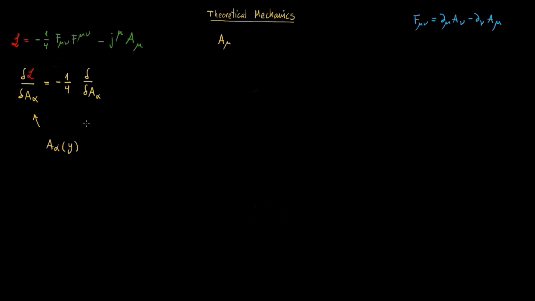I don't write it in order to simplify the writing. We will write it when we need it. So let's continue. The functional derivative of the first term times the second term plus the first term, minus 1 over 4 f mu nu times the functional derivative with respect to a alpha of f mu nu.